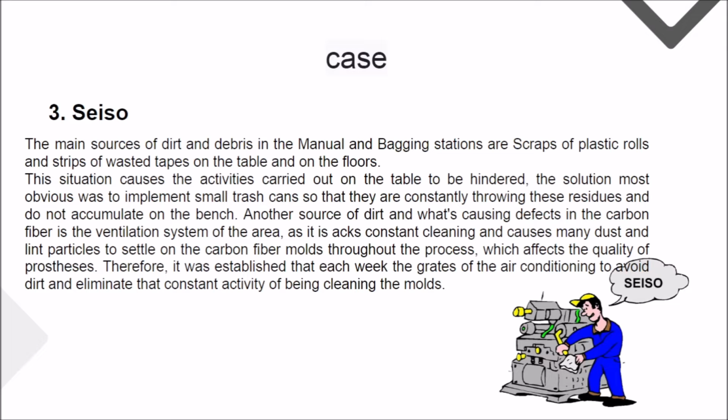Another source of dirt, and what's causing the impurities in the carbon fiber, is the ventilation system in the area. It requires constant cleaning and causes many dust particles to settle on the carbon fiber molds throughout the process, which affects the quality of the prosthesis.